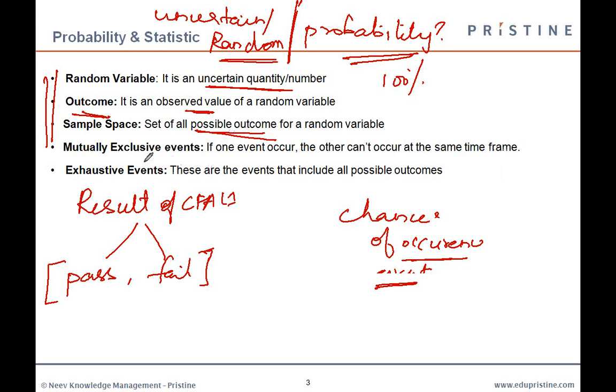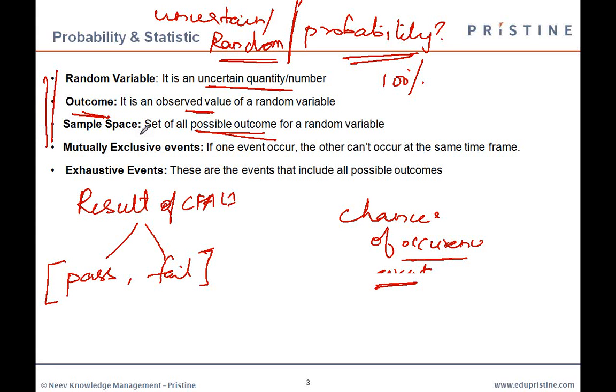So once again I repeat, what we have studied so far is that probability is associated with any uncertain event. Okay, the uncertain event is called a random variable. Each random variable has a set of outcomes, which are nothing but possible values of that random variable when the actual event happens.